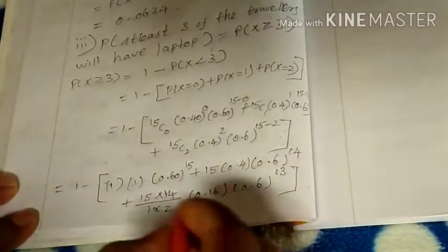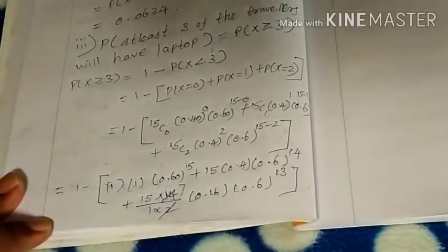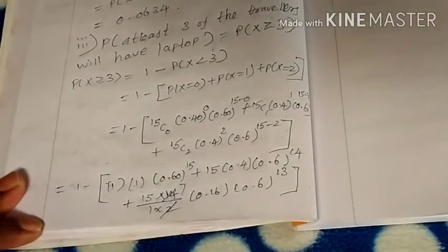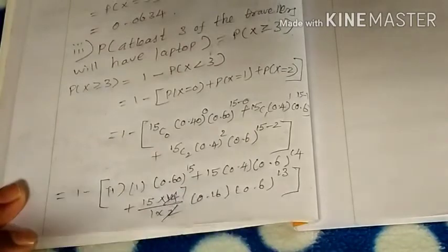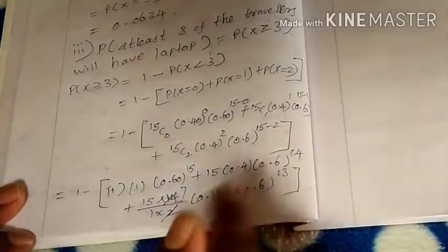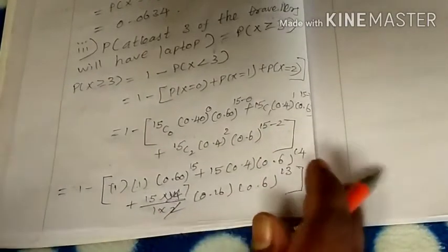Then plus, using cancellation for the last step, 1 2s are 2, 7 2s are 14. So 15 7s are 105, then 105 into 0.16 equals 16.8. The multiplication of these two values is 16.8.